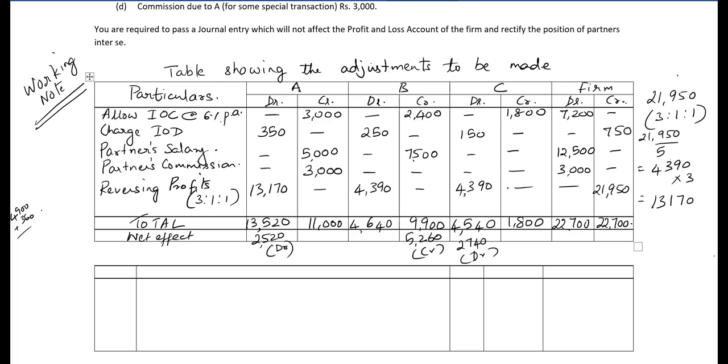It's the fluctuating capital method. We'll have to pass the adjustment entry to the partner's capital accounts.